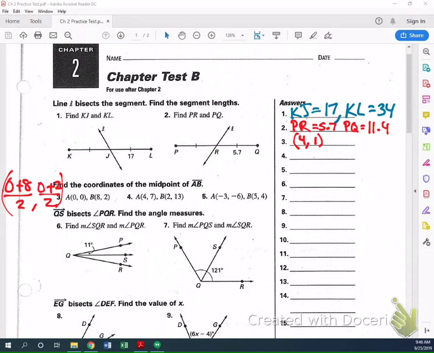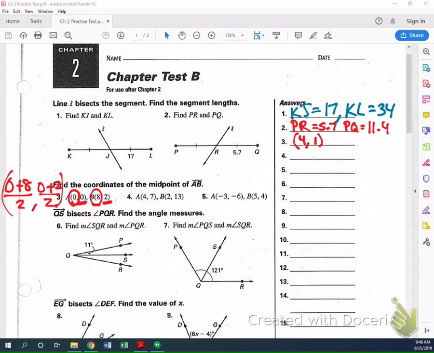Would it make sense that between the 0 and the 8, I'm saying I'm at 4? Well, yeah, that's right in the middle of 0 and 8. If I am between 0 and 2, and I'm saying that y value is 1, that makes sense, right? So you're just trying to find the middle of the x's and the middle of the y's. We're just basically doing an average.